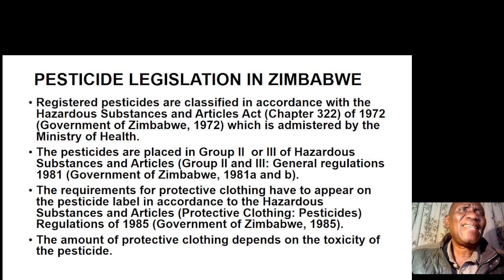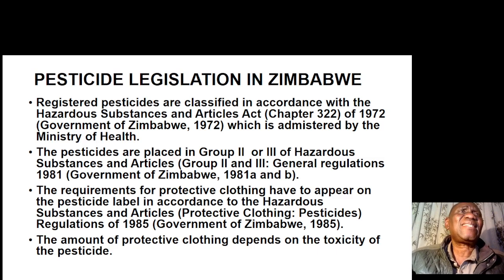Under this act, the pesticides are placed in Group 2 or Group 3 of hazardous substances and articles. Group 2 and 3. General Regulations 1981, Government of Zimbabwe 1981A and B.